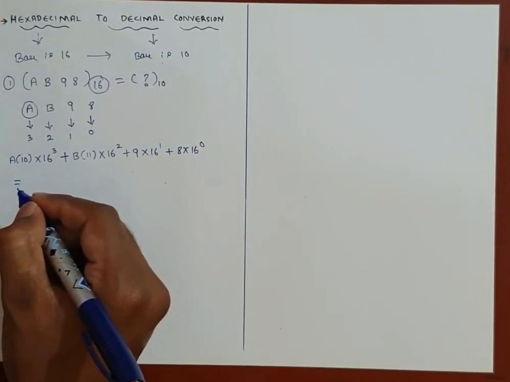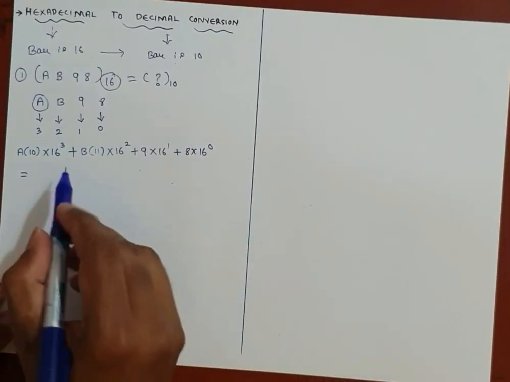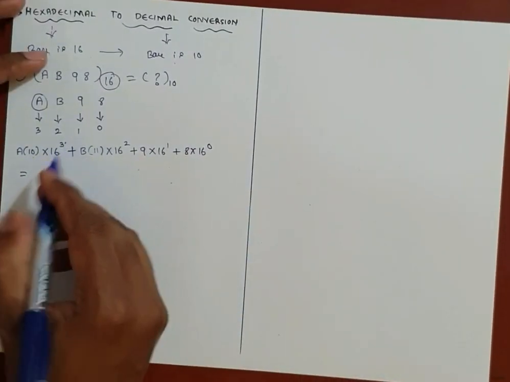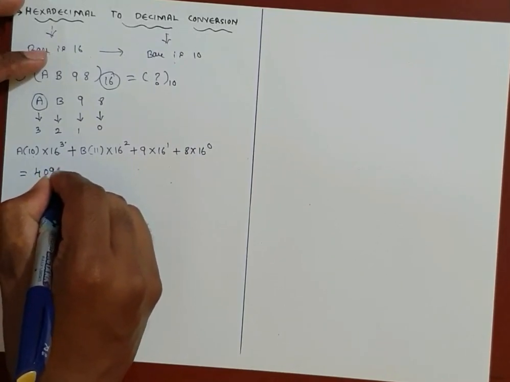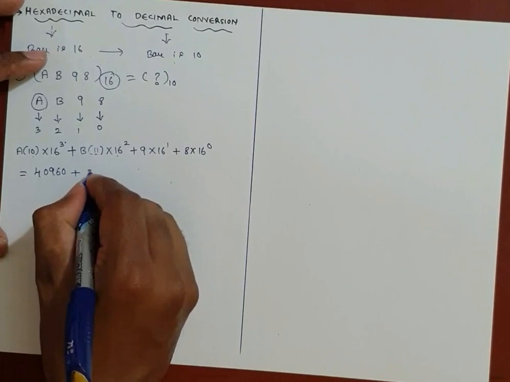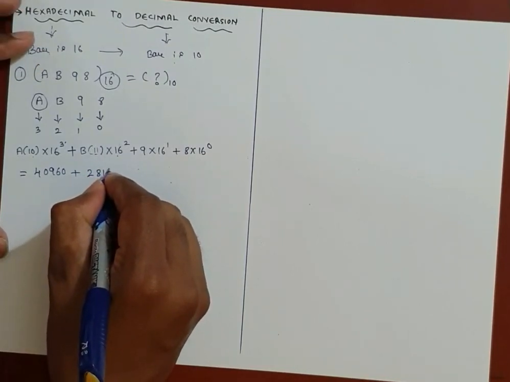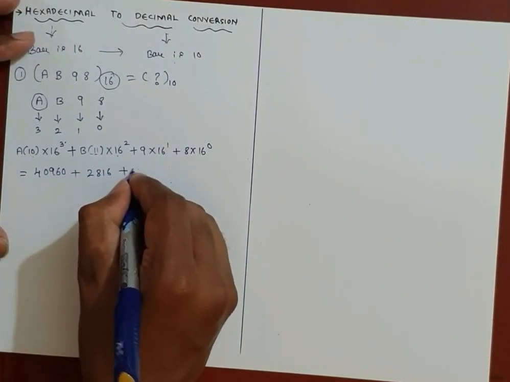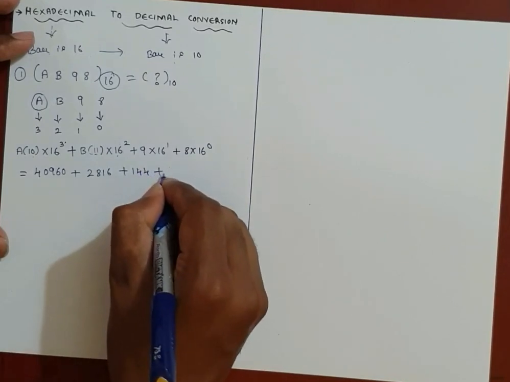If I simplify this, 10 into 16 cube will be equal to 40960 plus 11 into 16 square will be equal to 2816 plus 144 plus 8.